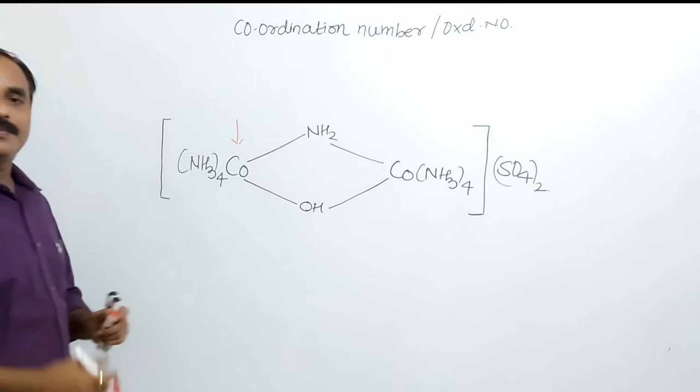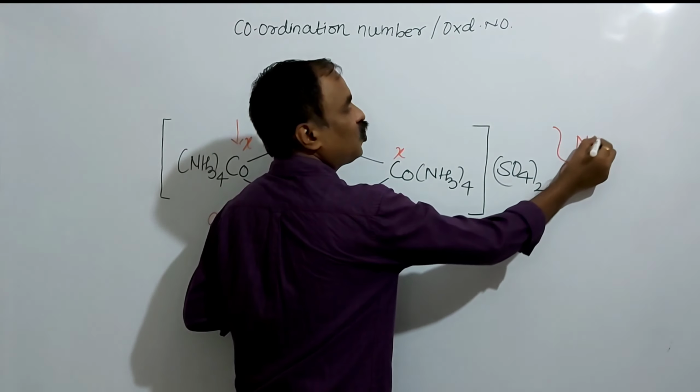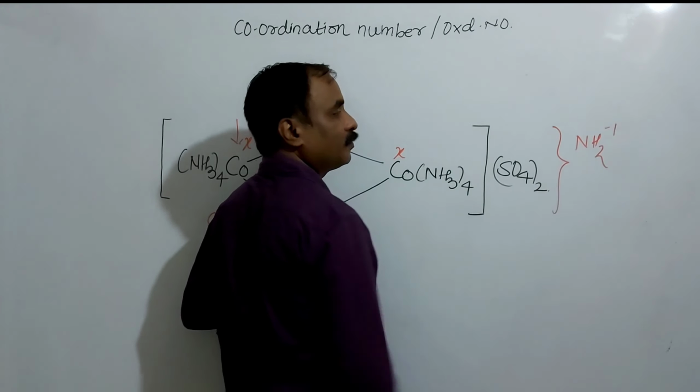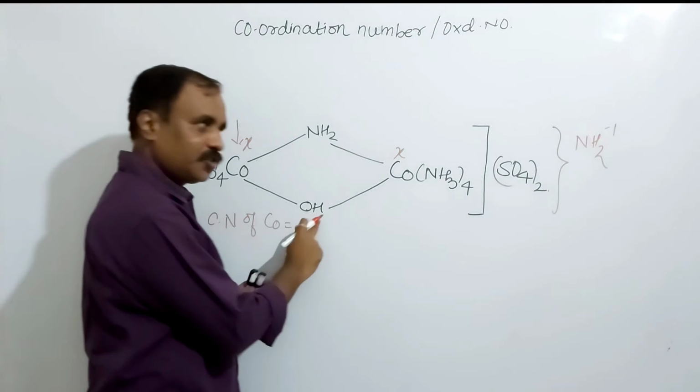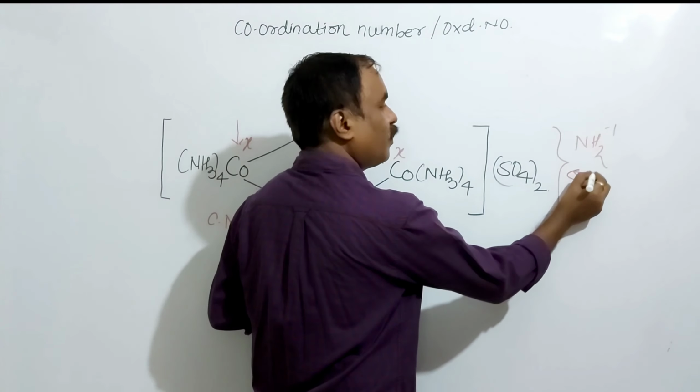And what about the oxidation number? Consider the oxidation number of this cobalt is X. We know that NH2 is a negative ligand and will carry -1. OH is also a negative ligand, it carries -1.